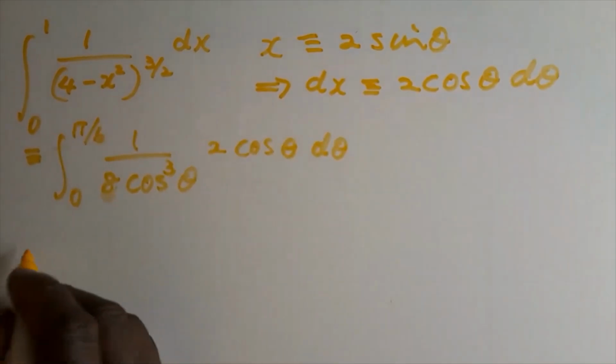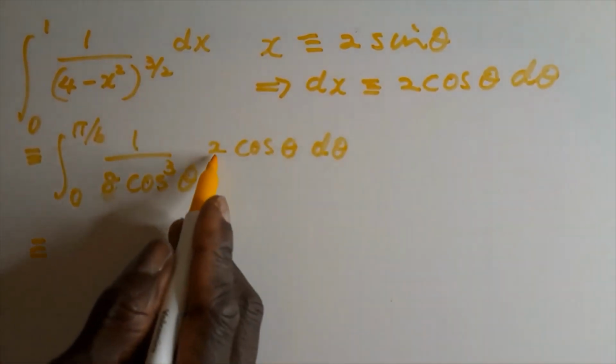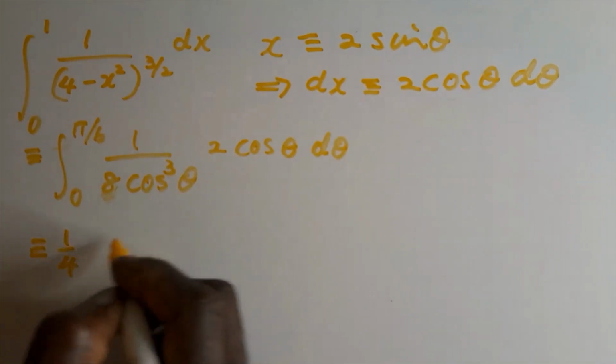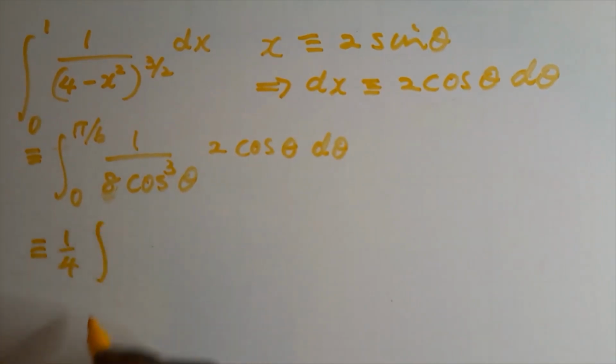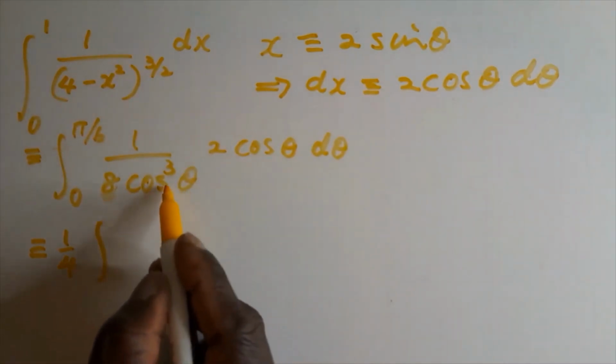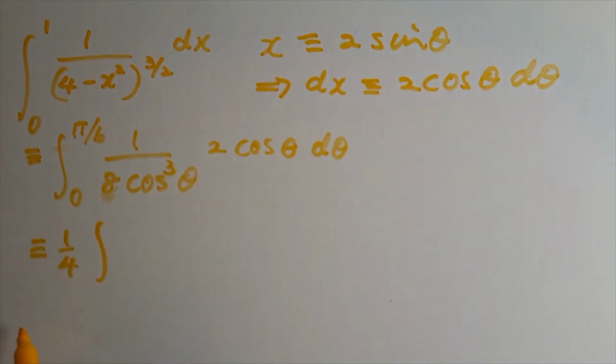Now if we simplify this, we cancel the 2 with the 8, so we have a factor of a quarter, and also we have here a cosine theta. We'll cancel with this cosine cubed theta to give us cosine squared theta.